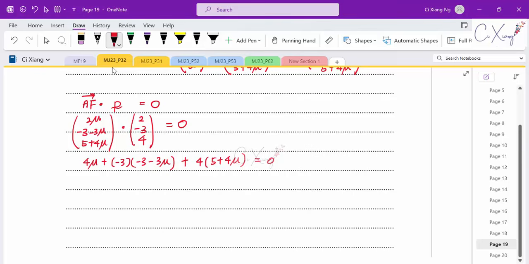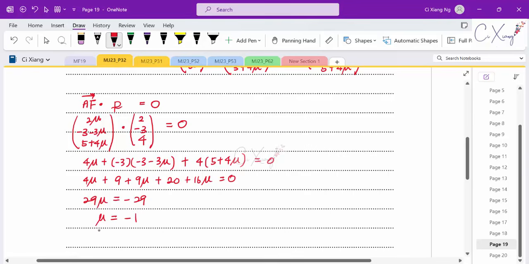After I get this one, I try to rephrase and simplify them. So 4 mu plus 9 plus 9 mu, then 20, 16 equals to 0. If you simplify everything slowly, you have 29 mu equals to -29. And then you get the value of mu, which is -1.